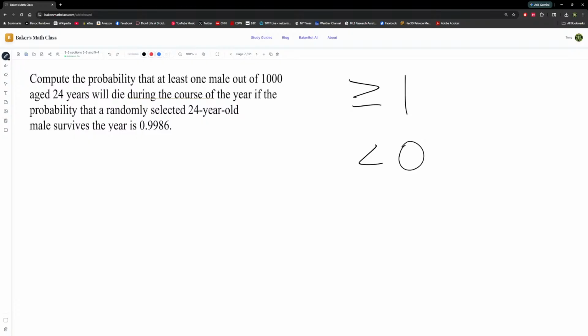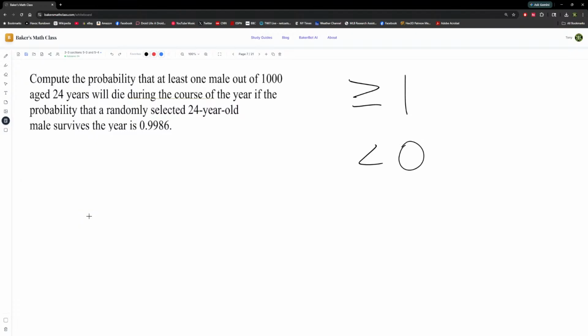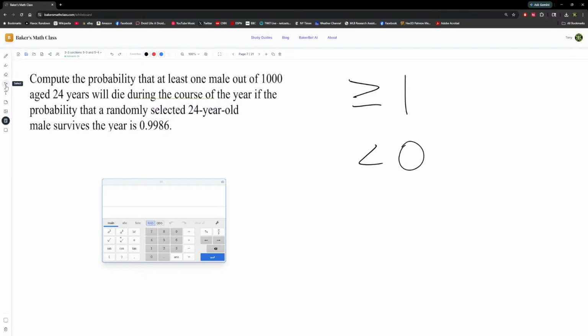So in that way, we can look at it as my probability again. So we can take that 0.9986, and this time raise it to 1,000. So 0.9986 raised to 1,000.